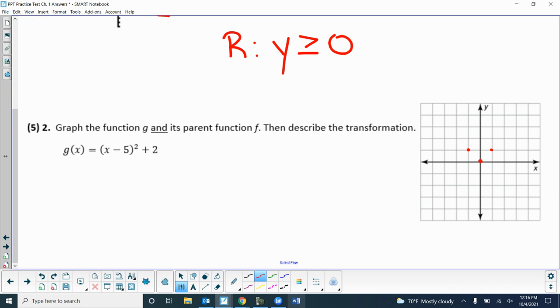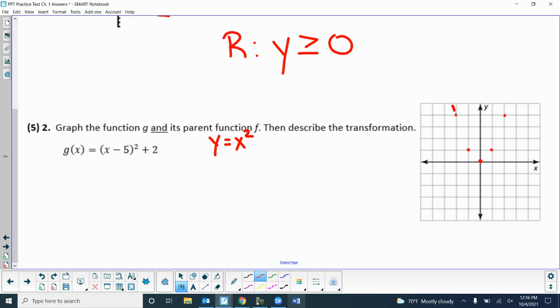Well, remember, the parent function is y or f, however you want to say, equals x squared, right? So what's 2 squared? 4. So 2, 4 is a point. And -2 squared is also +4. Okay? So that's where the parent function is for our quadratic.